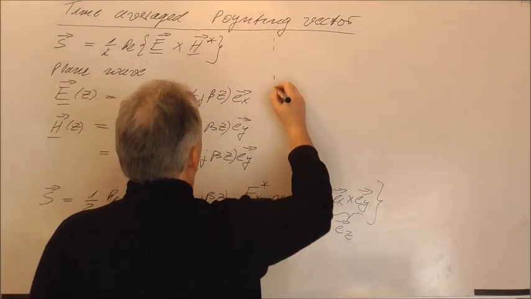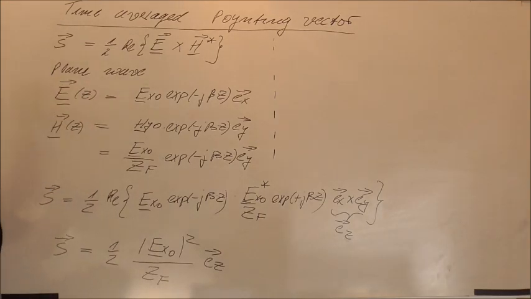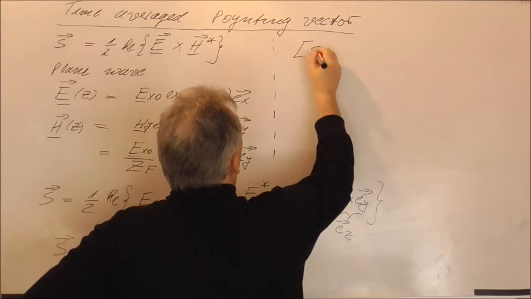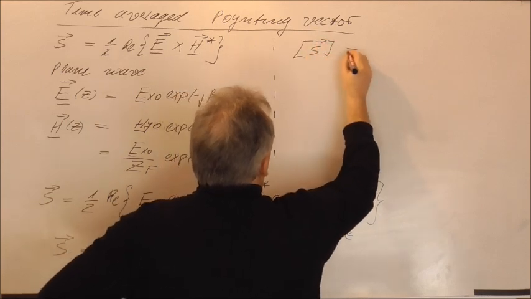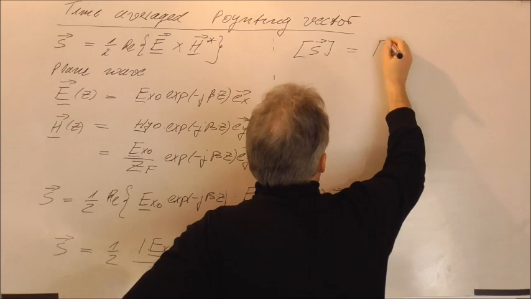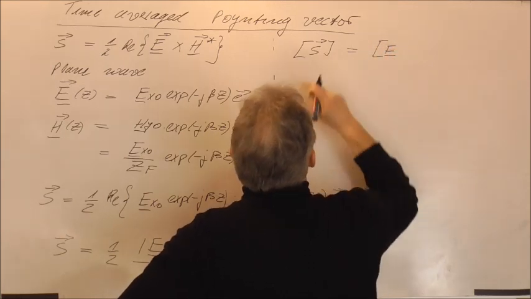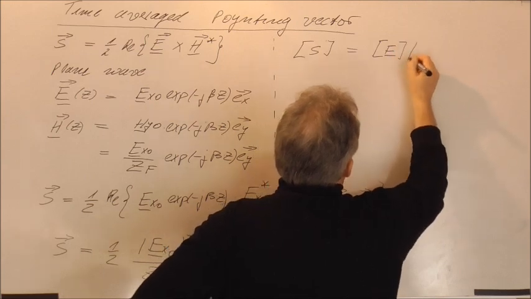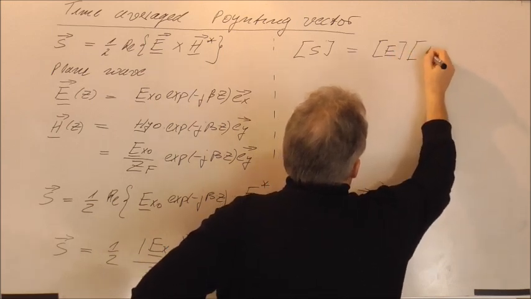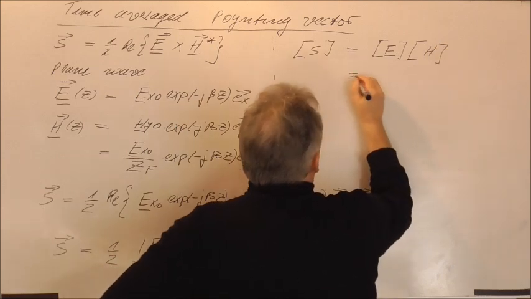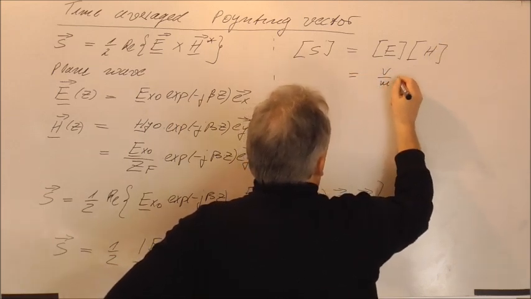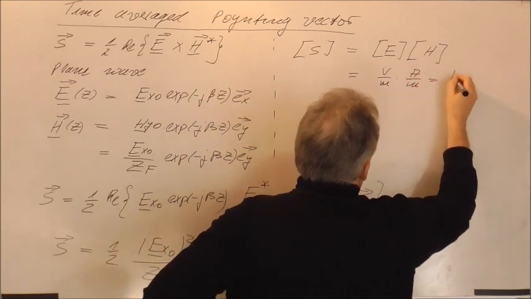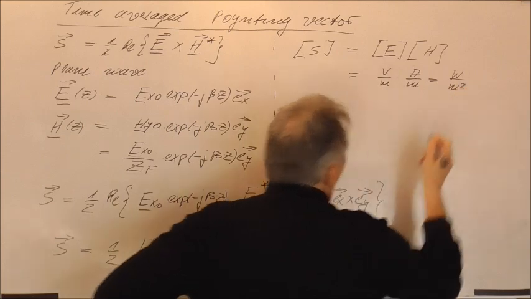So what I want to do now in the next step is to have a look at the unit of S. So the unit of S, of course, will be equal to the unit of the electric field, I don't need vector notation here, times the unit of the magnetic field, and this will be volt over meter times ampere over meter, which is watt over meter squared.